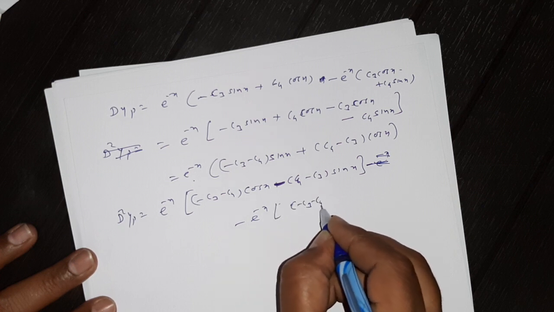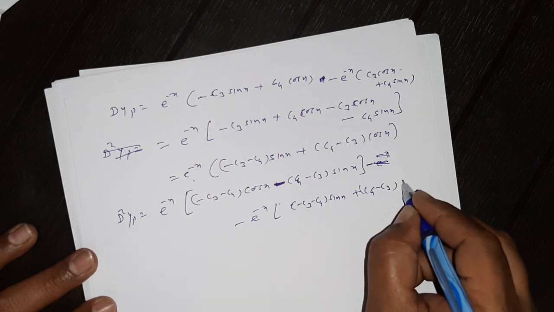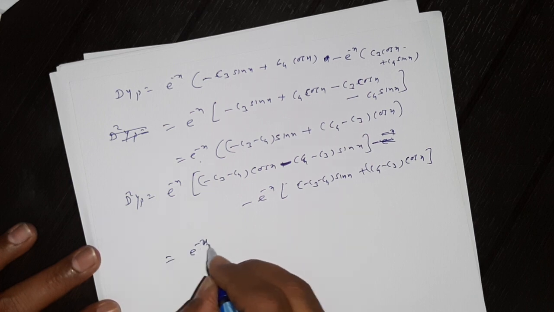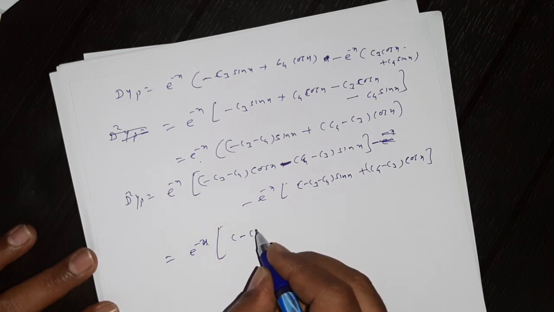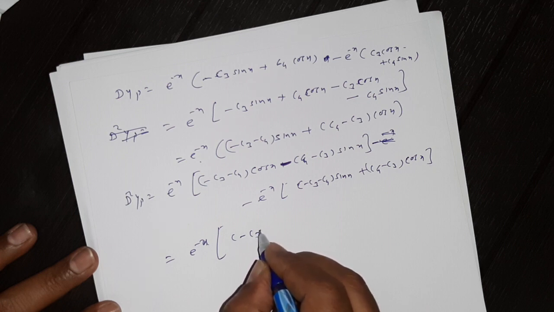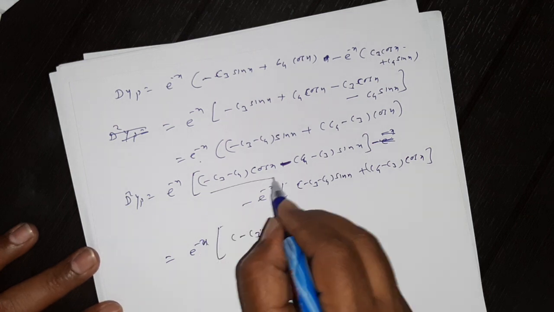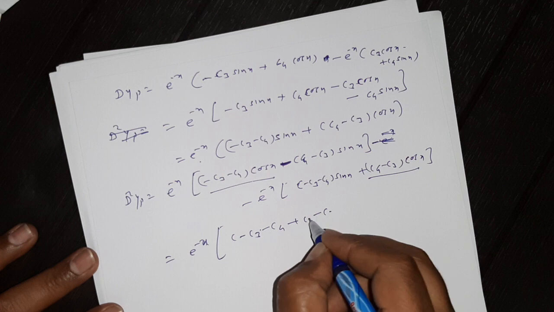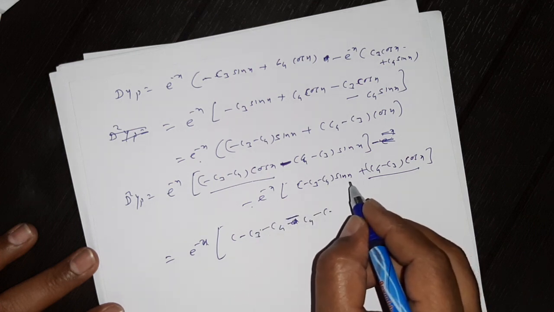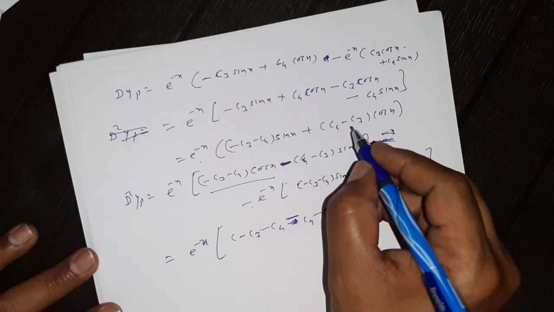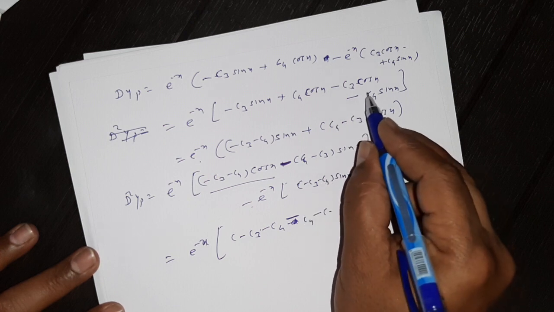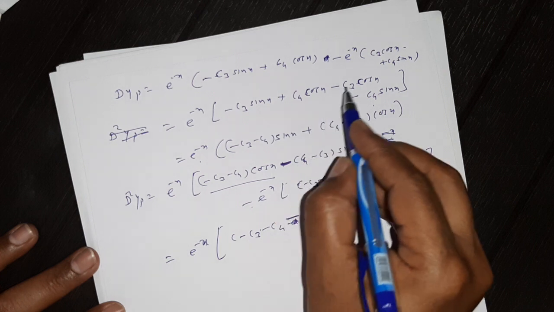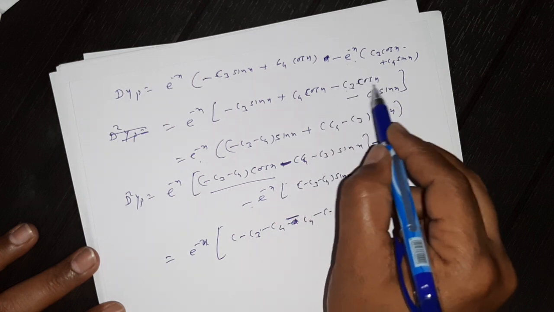And therefore we have D square yp is e raised to minus x, with the coefficient of cos x being minus c3 minus c4 plus c4 minus c3, and so on, so this is minus c3 and c4.